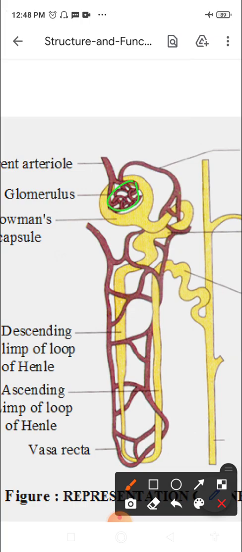The glomerular capillaries are narrower than the afferent renal arterioles, right? So even if we look at the structure here, this is the afferent arteriole. You can see the afferent arteriole is broader as compared to the glomerular capillaries, right? So the blood that passes in the glomerular capillaries is under very high pressure.